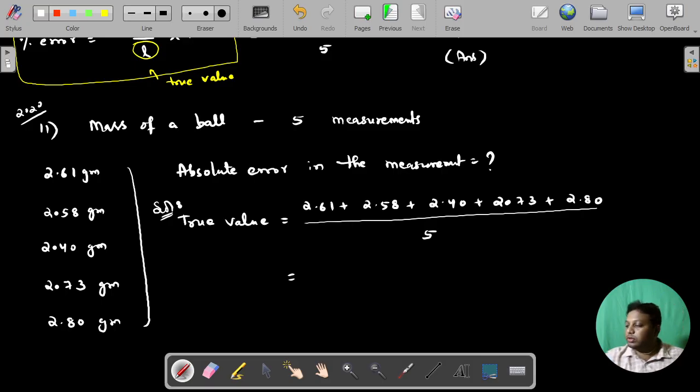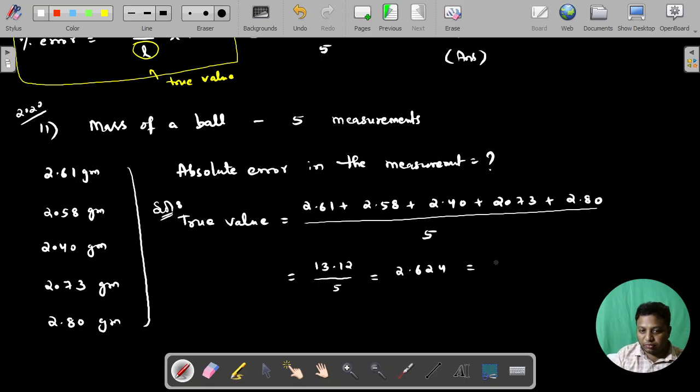Doing the calculation: 2.61 plus 2.58 plus 2.40 plus 2.73 plus 2.80 is 13.12, divided by 5, which is 2.624.